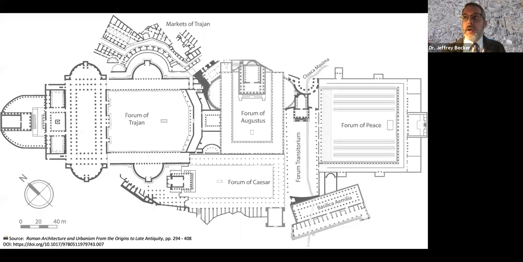So the archaeological landscape as visible today is a little bit unusual. It's a little bit artificial in that there was a manifest interest in the 20th century in clearing away the accumulation of post-ancient, medieval, and Renaissance architecture in this area to reveal this space.